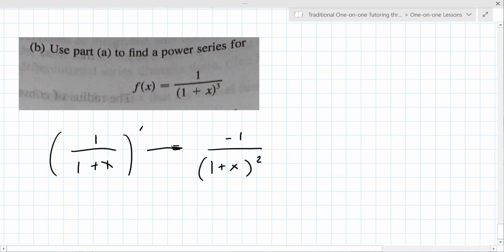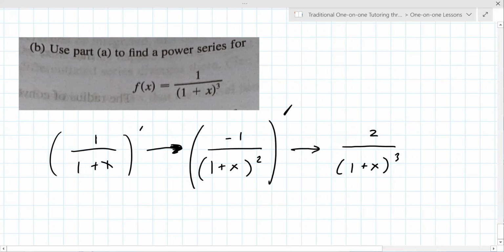Then when we take the derivative of this, it becomes 2 over 1 plus x cubed. Why would you take the second derivative? Because we got to get to the cube. This is not obvious. This isn't like, oh, you should know this. You have to be told and shown this to know this.